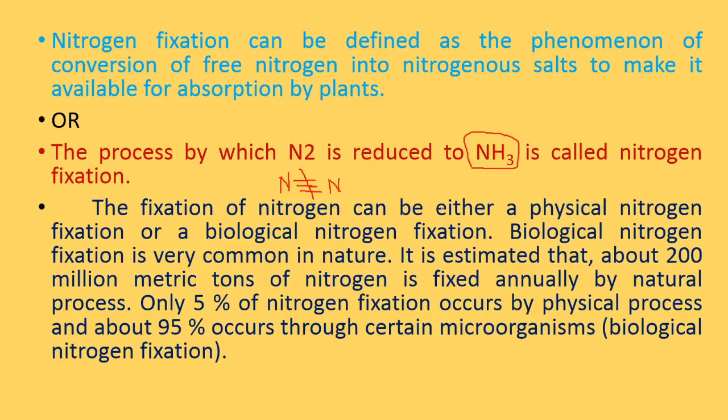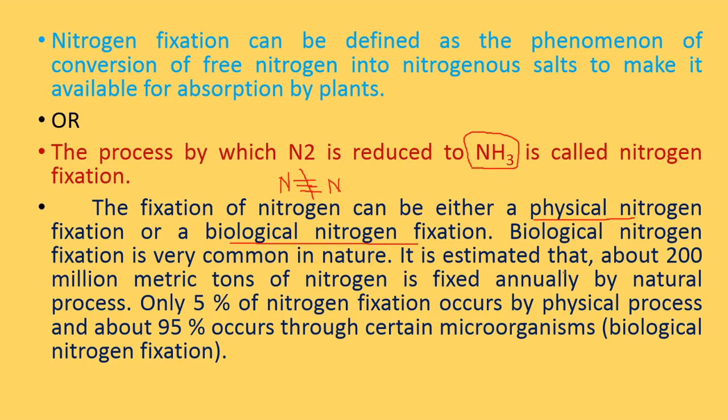Now the fixation of nitrogen can be either physical or by biological nitrogen fixation methods. Nitrogen fixation can take place by two methods: physical nitrogen fixation and biological nitrogen fixation. Biological nitrogen fixation is a very common type and occurs commonly in nature.